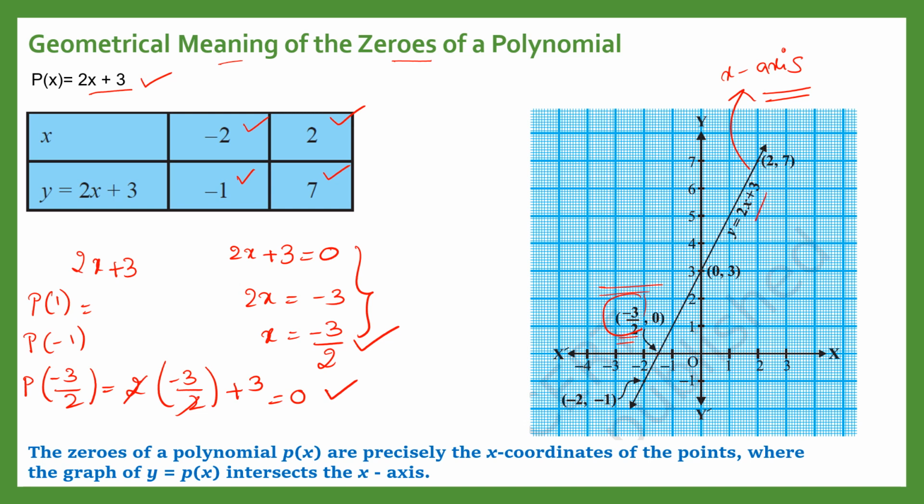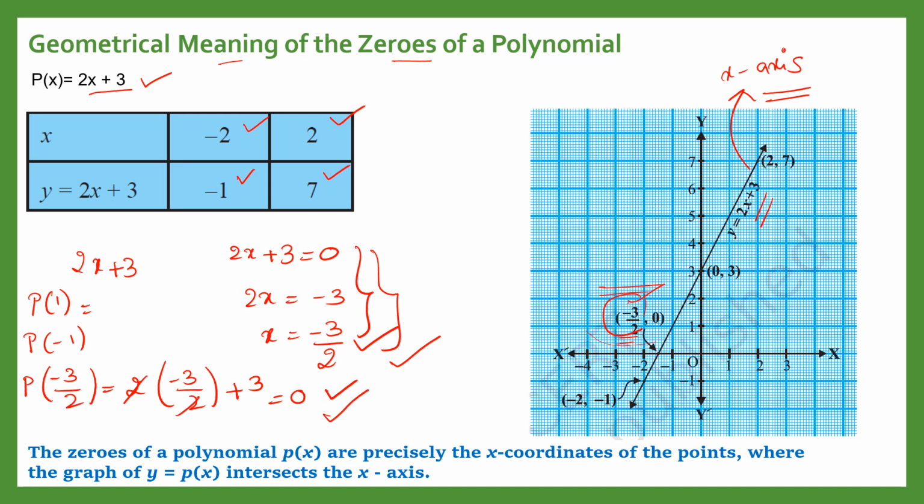Here, this is the line 2x plus 3. This line intersected the x-axis at minus 3 by 2 comma 0. So the x coordinate of this point will become the zero of the polynomial. Minus 3 by 2 is a zero of the polynomial. If you solved here also, you got minus 3 by 2. By trial and error also, you got minus 3 by 2.